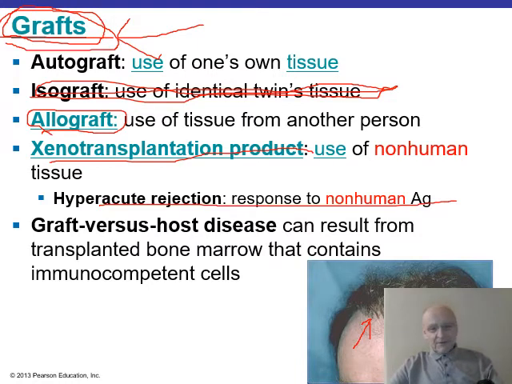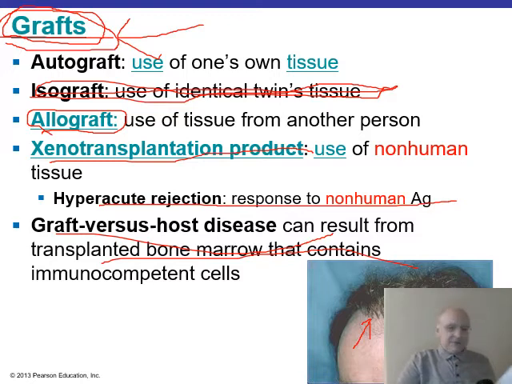Now, there's something called graft versus host. This is transplanted bone marrow. This is usually done with leukemia, where you destroy your bone marrow and then put in someone else's bone marrow.